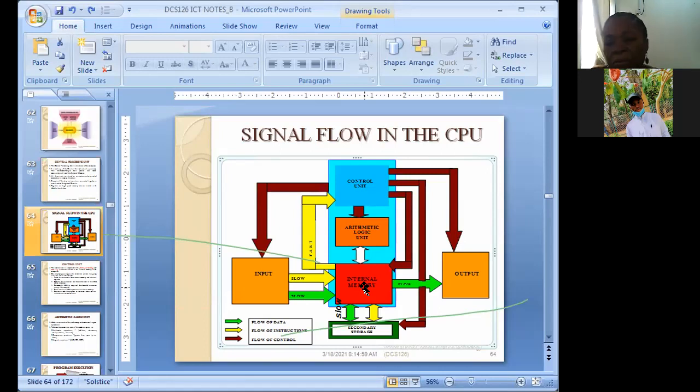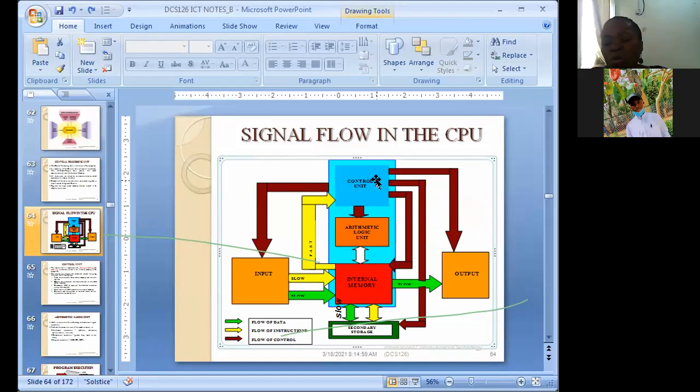Okay. Now, for the control unit to do its work of managing or directing the operations of the CPU, it must use some control signals. And these arrow lines you see in brown color are these control signals.